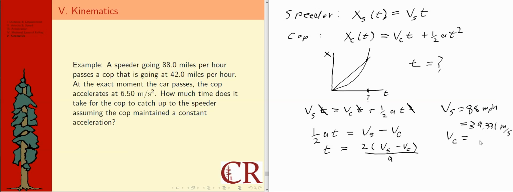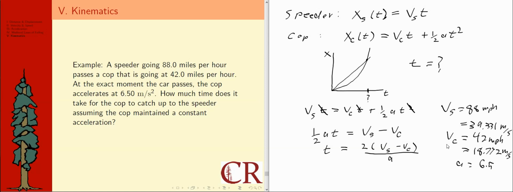And vc for the cop was 42 miles per hour, which if you do the conversions at 5 sig figs is 18.772 meters per second. Okay. And then the acceleration was given to us as 6.5.